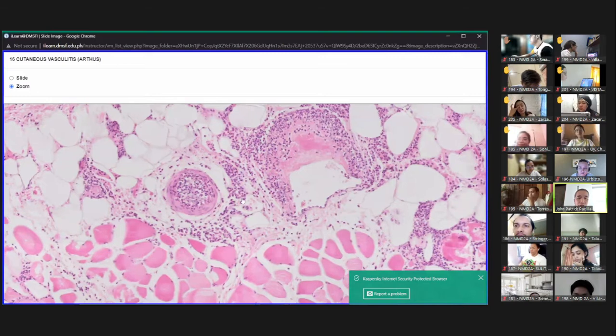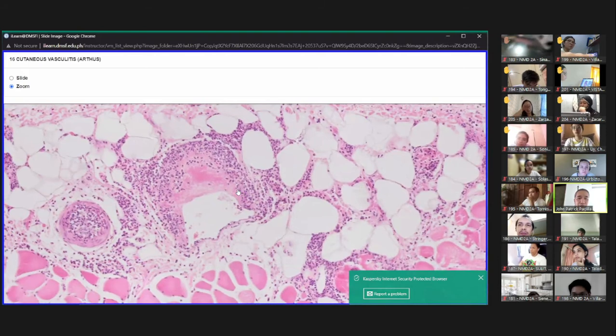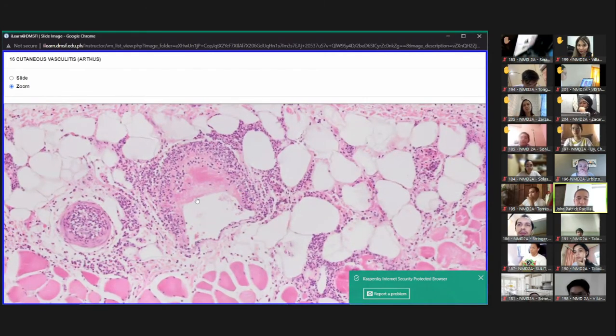This would be the blood vessel, surrounded by a lot of neutrophilic infiltrates. This is another blood vessel, but this time you would see fibrinoid necrosis at the area of the blood vessel. You see a lot of neutrophilic infiltrates.